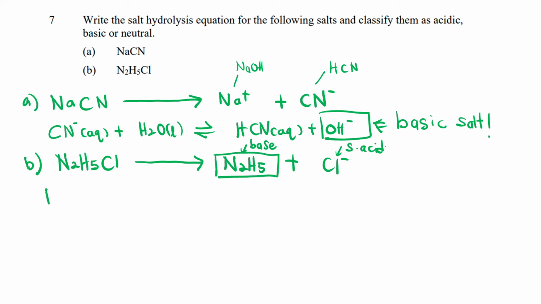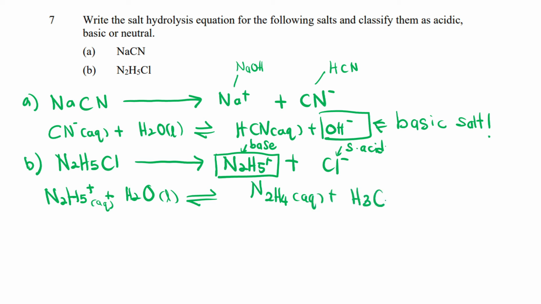Jadi bila N2H5 plus with water, so this one is N2H5 plus aqueous plus H2O liquid. So kita akan dapat N2H4 plus H3O plus. So the presence of H3O plus, acidic salt.